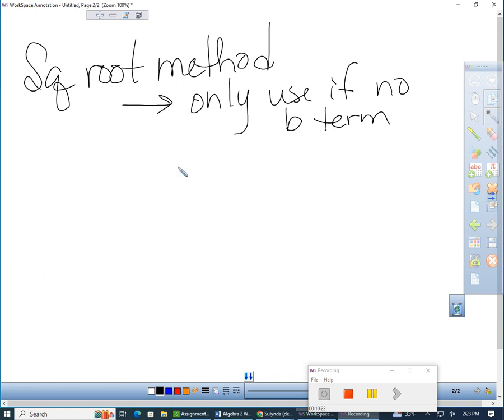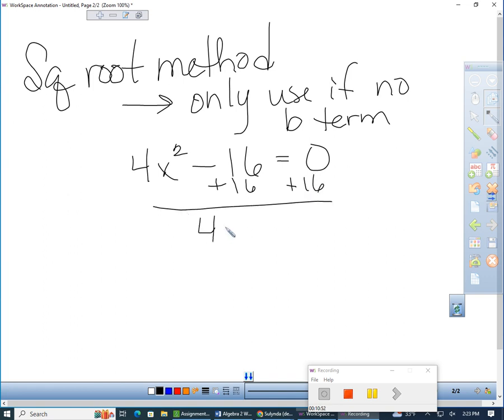So for example, let's say I had 4x squared minus 16 equals 0. I have no b term. So here we can just solve for x. First, by adding 16 to the other side. So I have 4x squared equals 16.